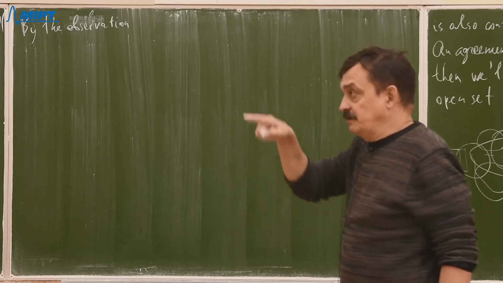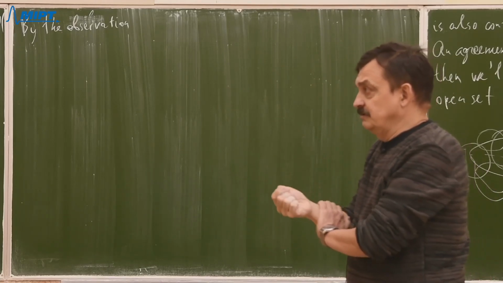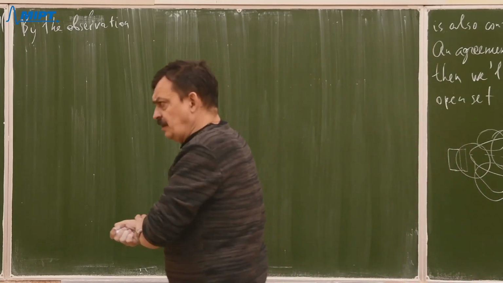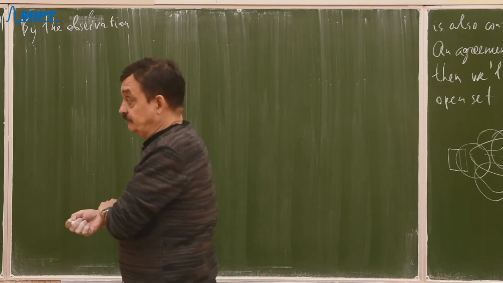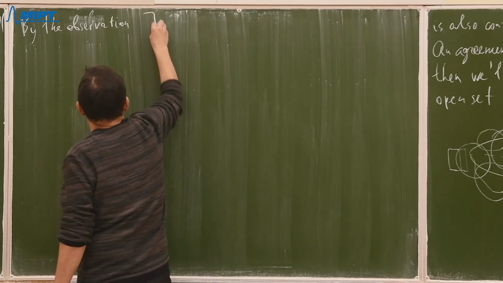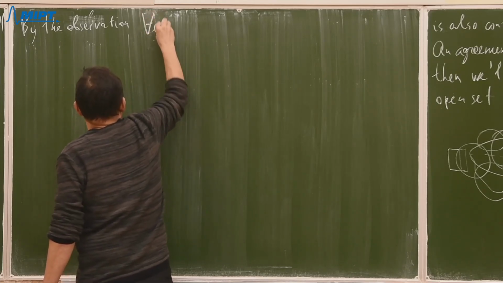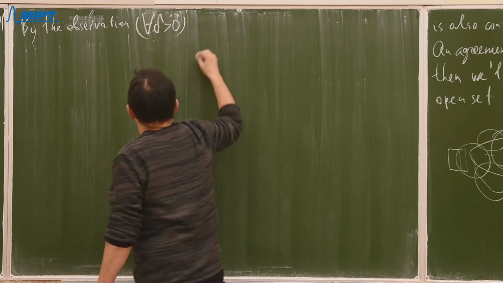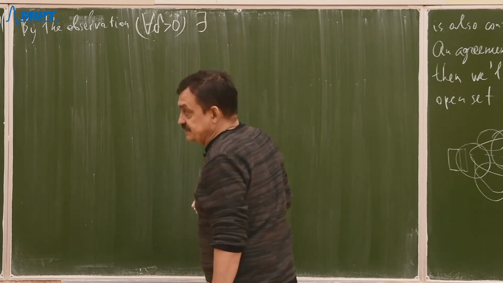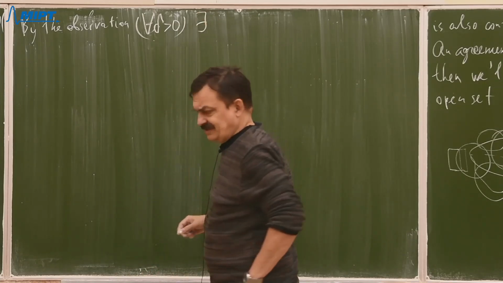So I'll apply this observation, but instead of epsilon, I'll take delta. So for arbitrary positive delta, there exists an elementary set. How do I denote it?